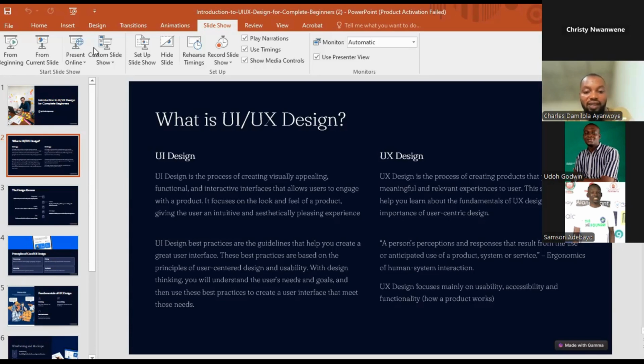So with design thinking, you will understand the user's needs and goals, and then use these best practices to create a user interface that meets those needs. As a designer, one thing is very important.